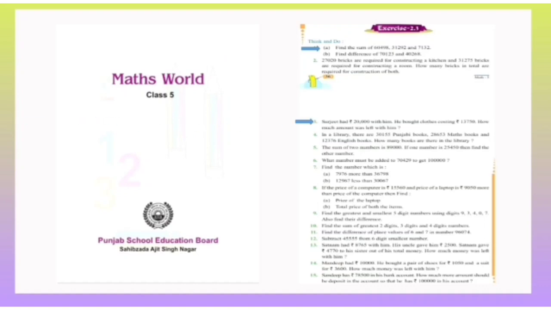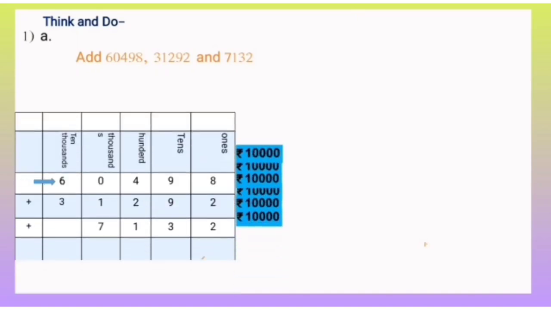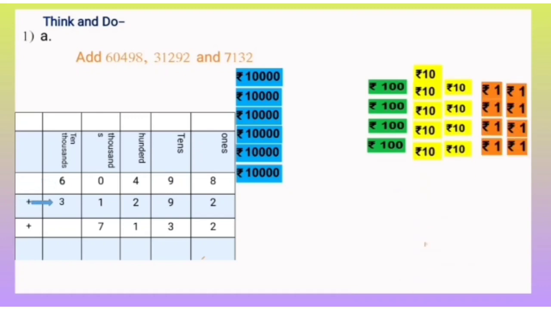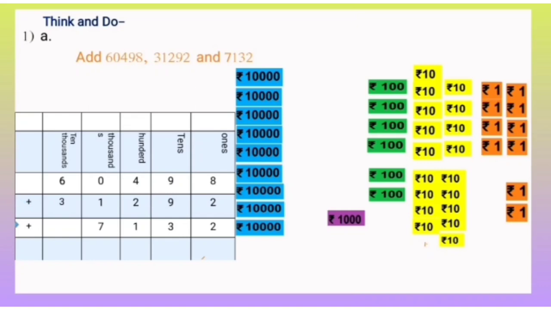In question number 1 A part, here we have to add 60,498, 31,292 and 7,132. So for adding them, let's write the values in a place value chart. Now let's take the currency notes for 60,498, for 31,292 and for 7,132.